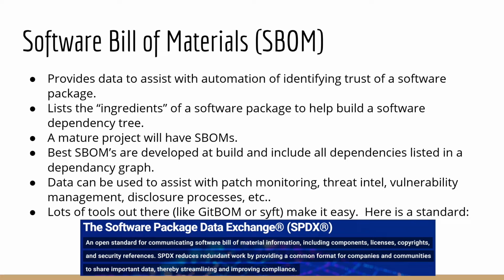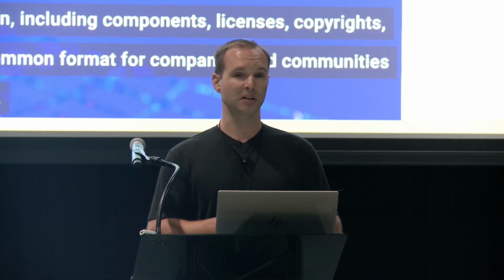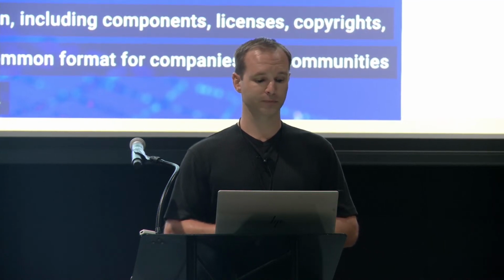It's the whole complete inventory. It's very, very good metadata of a project. A mature project will have an SBOM. SBOMs are developed at build time because that's where a lot of information is gathered. And it also includes the dependencies listed in the dependency graph I referenced earlier.